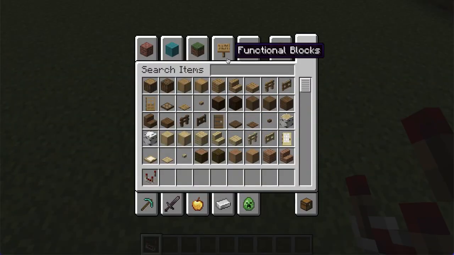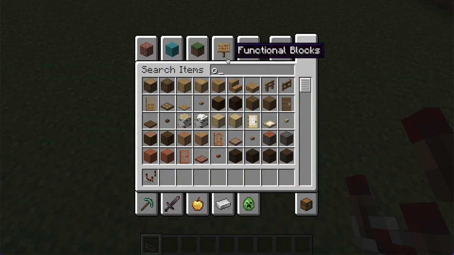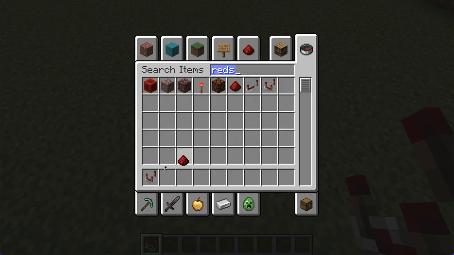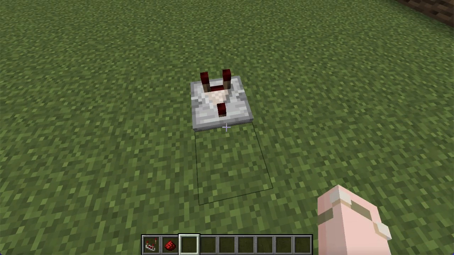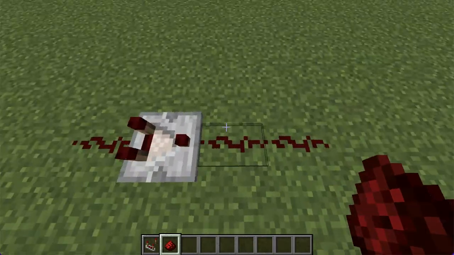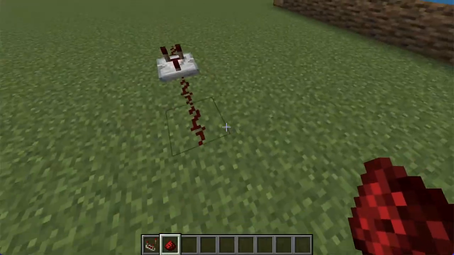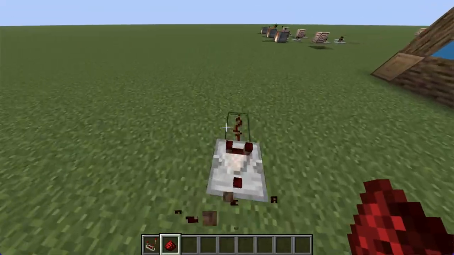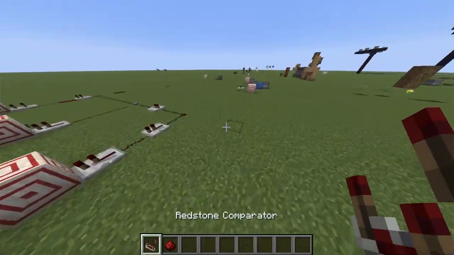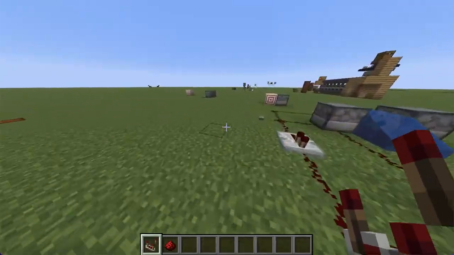Now, again, like other things, it has sort of an input on the side. Redstone. It sort of has an input and an output. But I do want to figure out what they do, how they do it, and just what it does generally.